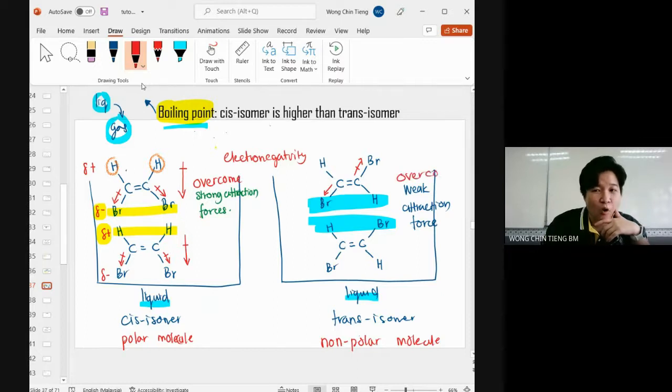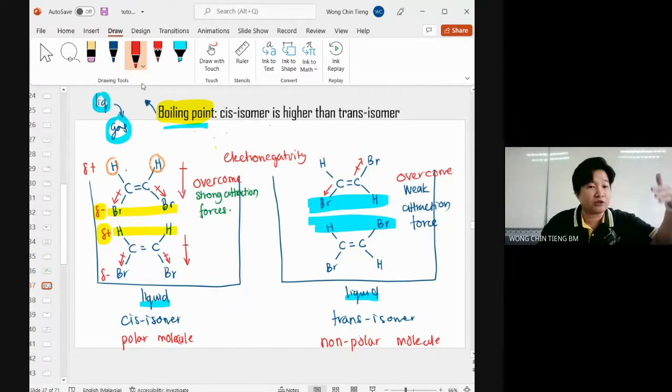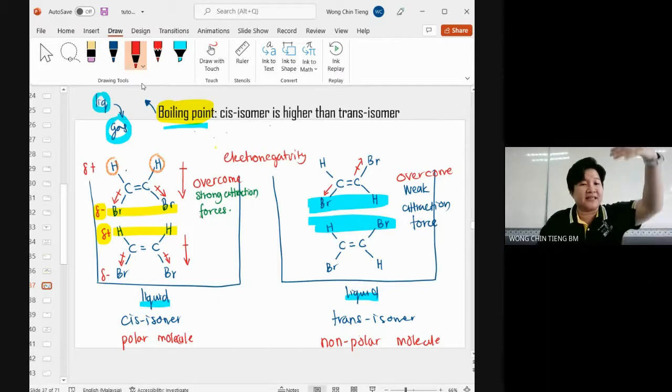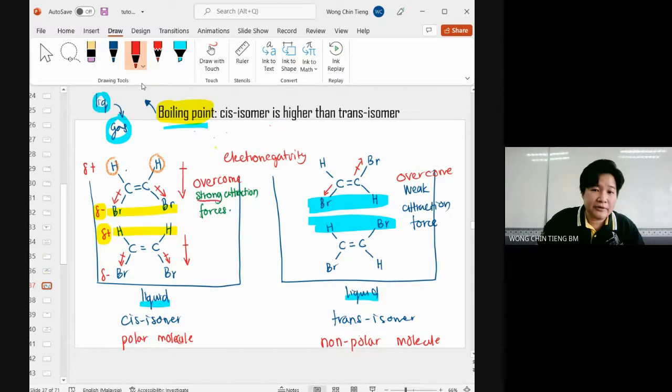Kita kena overcome dia, baru kita boleh pecahkan daya tarikan tu. Then baru dari liquid dia akan terlepas jadi gas. Mendidih jadi gas. So kalau dia ada strong attraction forces, you will eventually need more energy. Betul?